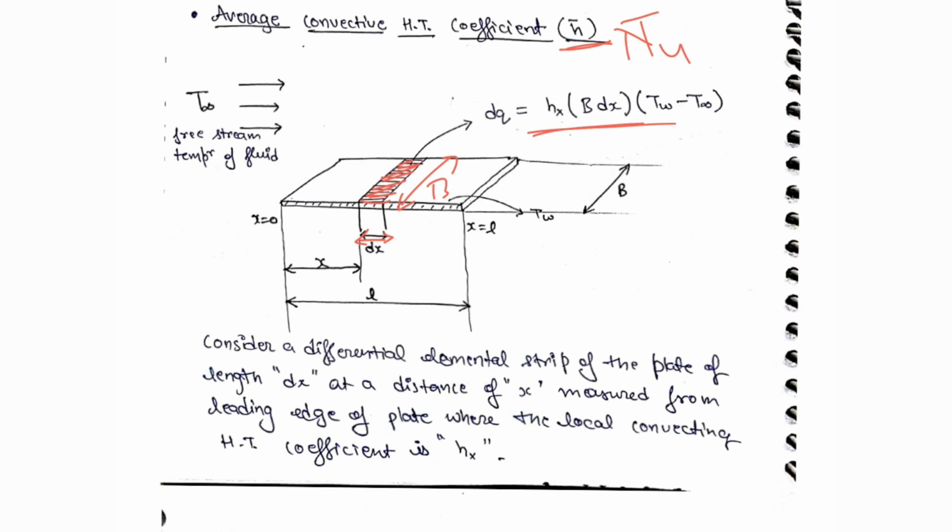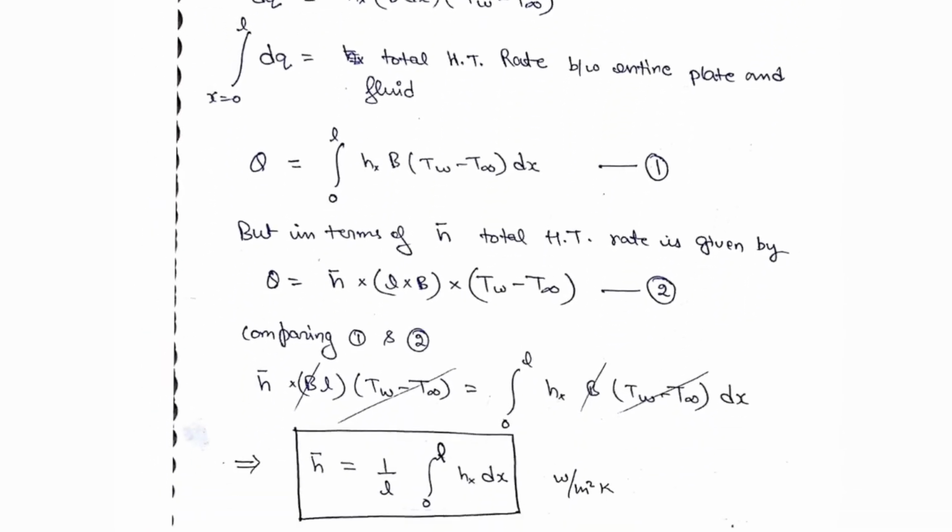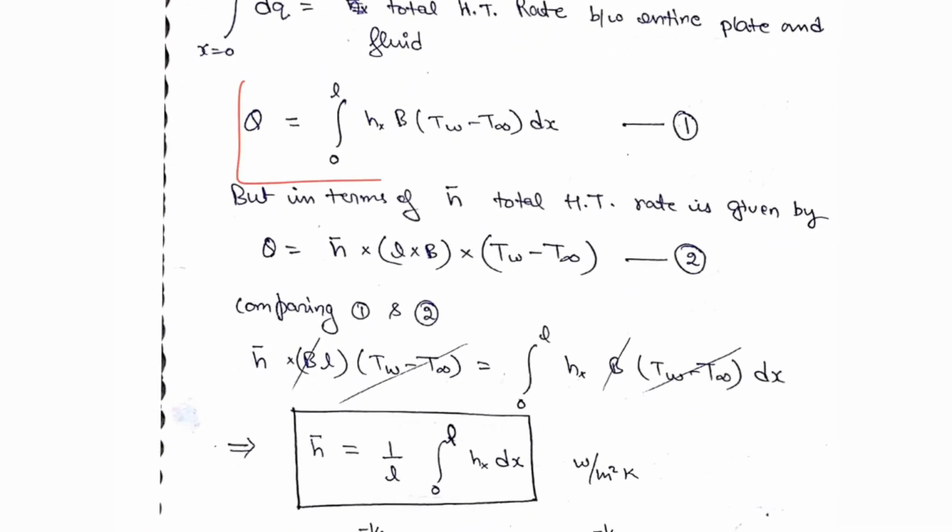Okay, if we want to find the total amount of heat transferred through this flat plate, we just have to integrate between x equal to 0 to x equal to L. Okay, just apply the law of integration, you will get this equation.